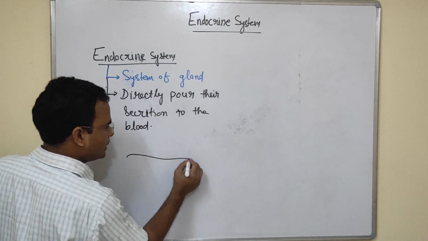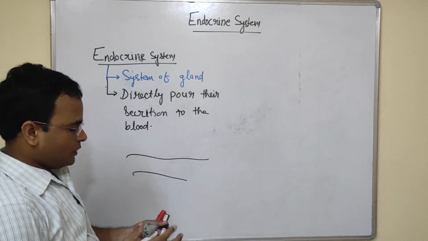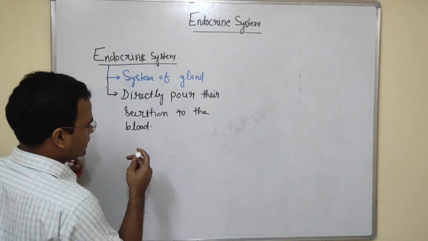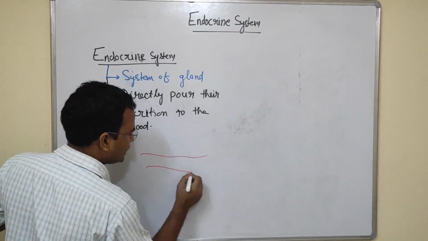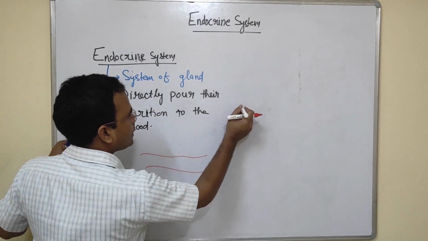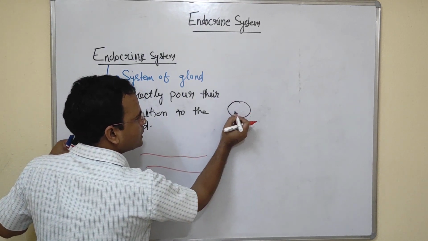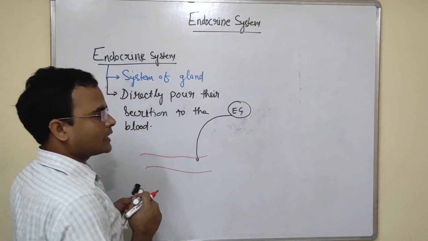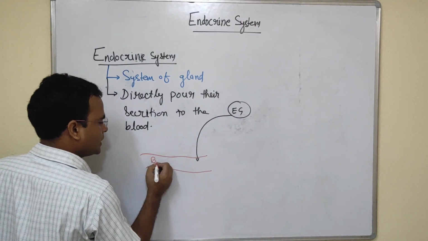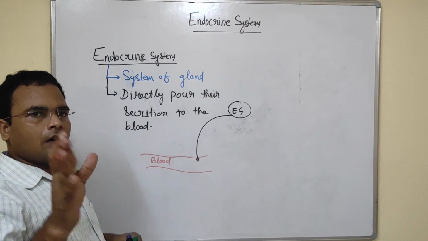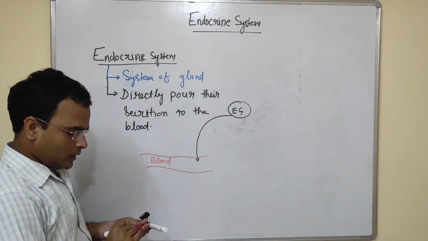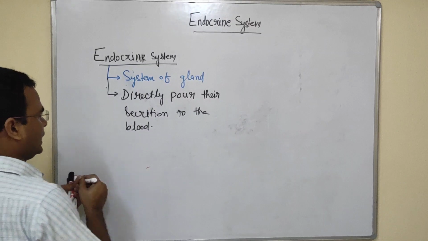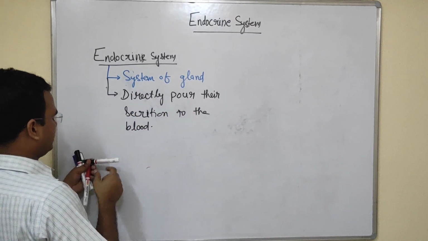Wait, I'll draw with a red pen so it will be easy to understand. This is the bloodstream and here is the organ, so this is the endocrine gland. This endocrine gland directly pours its secretion into the bloodstream. They do not need any duct, so they are also called ductless glands.